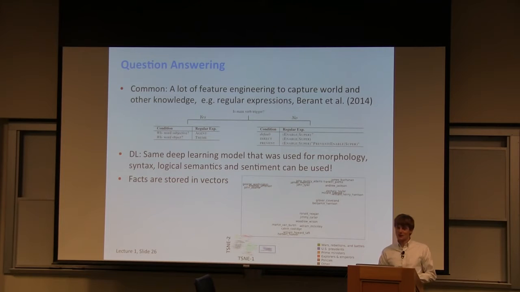All right, so now let's go over another example, and then I think we'll only have 2 or 3 more, and then we'll end with a live demo of a very powerful neural network model. So question answering is one of these really tough problems in natural language processing, where generally you'd need a lot of feature engineering in past methods, and even in methods that are as little as 2 years old, where you may have to have regular expressions, for instance, and finding specific features like a main verb.